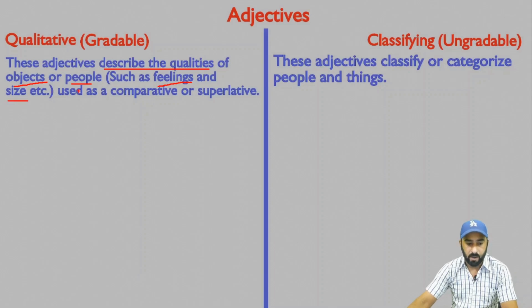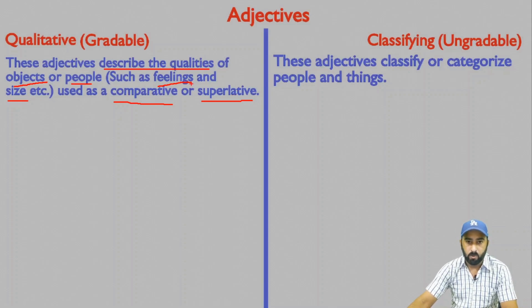These adjectives can be used in comparative or superlative forms, such as wise, wiser, wisest; good, better, best.